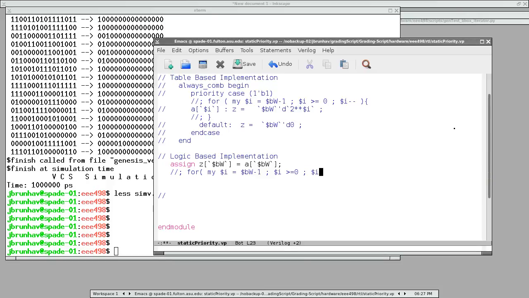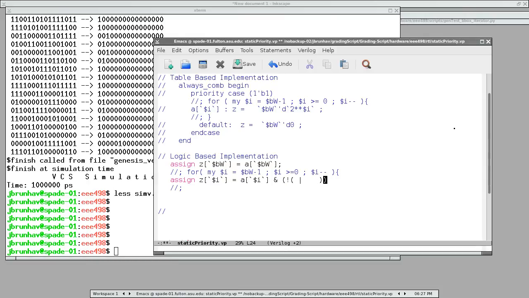And then again, we could do a loop. And we could say that any bit I is 1 if and only if bit I in the input is 1, and not any bit above me that is also 1.